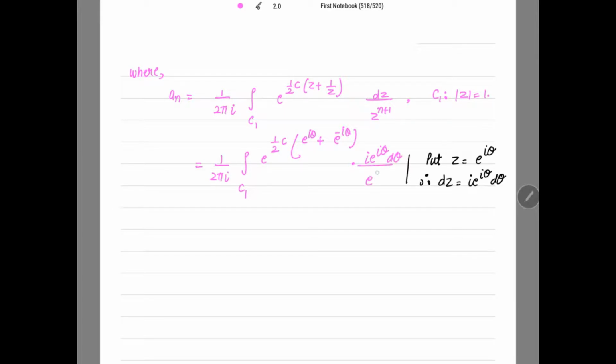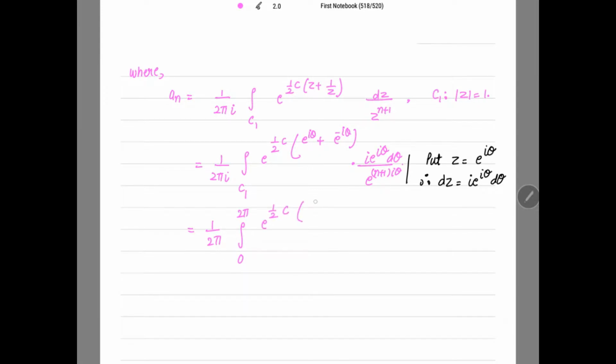So it is e to the power (n plus 1)iθ. The i and i cancel, so this is 1 over 2π integration. Now this is my circle C1, so I put the limits in θ from 0 to 2π, as it is a circle, of e to the power (1/2)c.